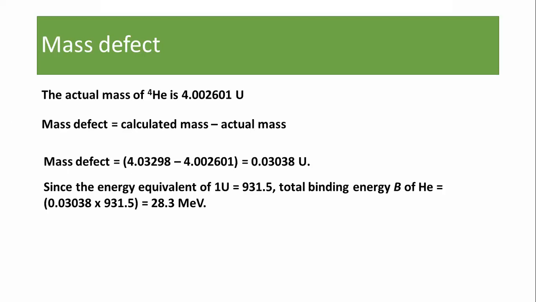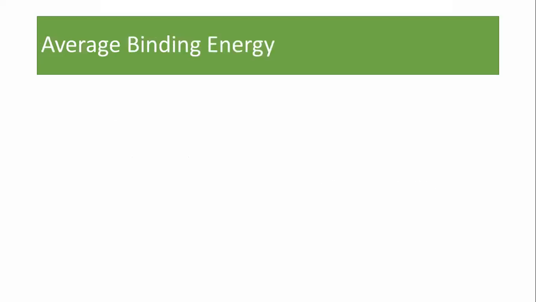I am taking the example of uranium because uranium is a radioactive element. If the binding energy of uranium is more than the binding energy of, let's suppose, carbon-12 or helium-4, then it must be more stable as compared to carbon or helium. That means uranium must be more stable.